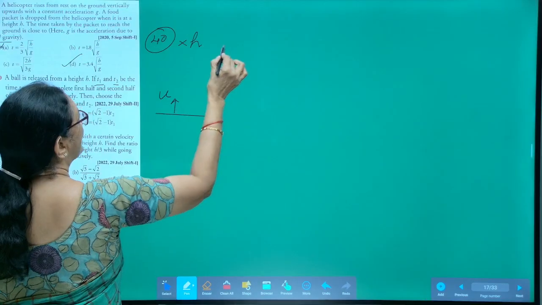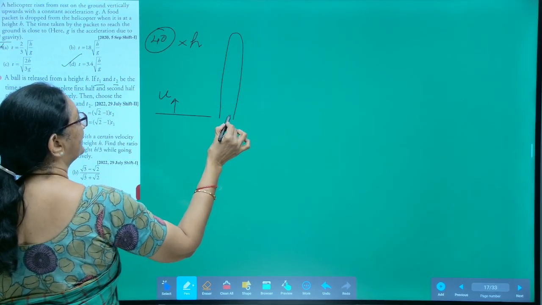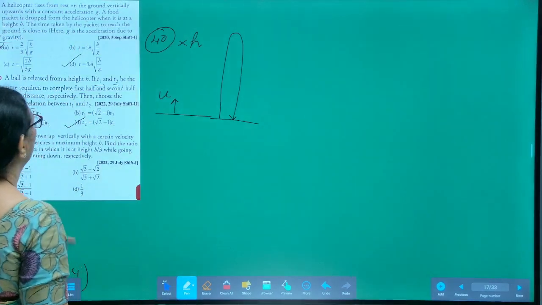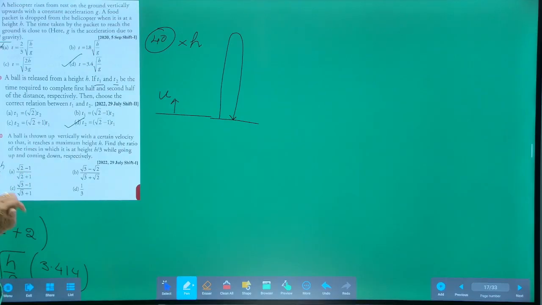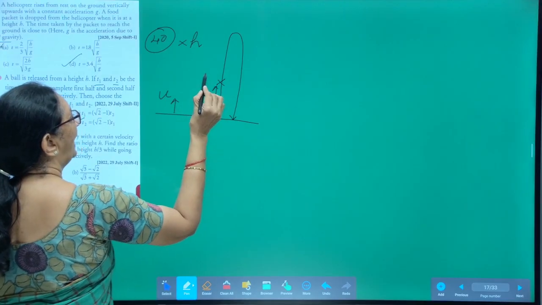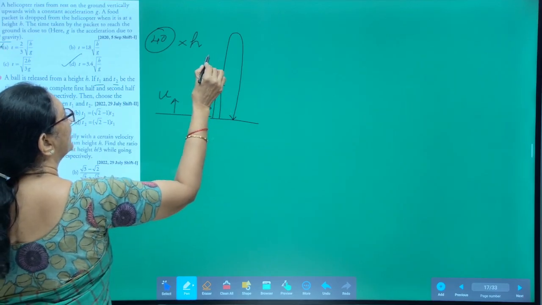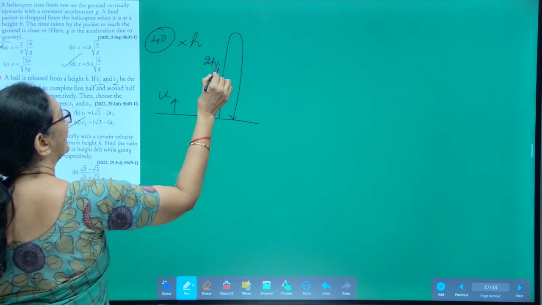Look here. Suppose body moves up and then it comes back to the ground. Find the ratio of times at which it is at a height h by 3 while going up and while going down. This is h by 3, so this will be 2h by 3.